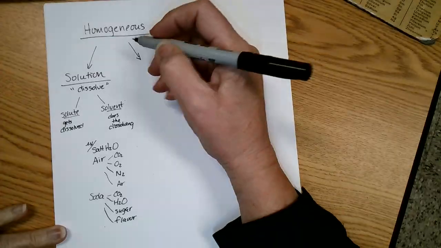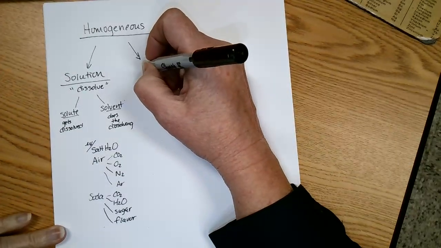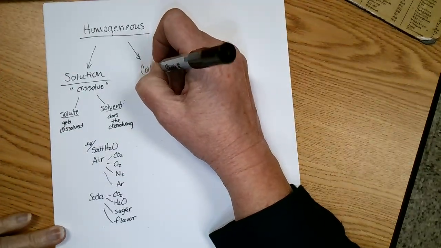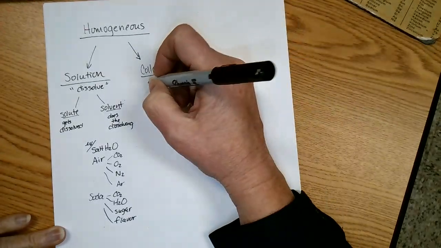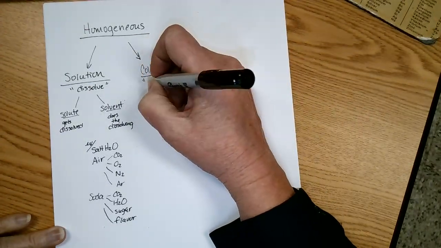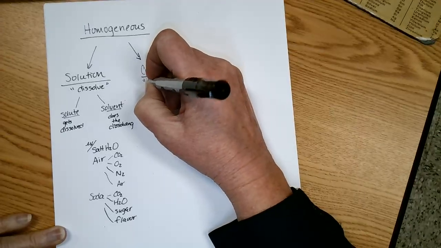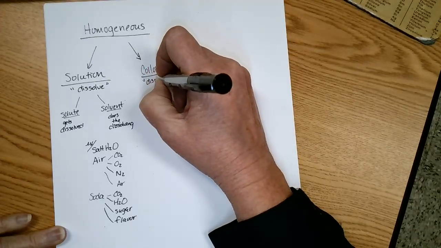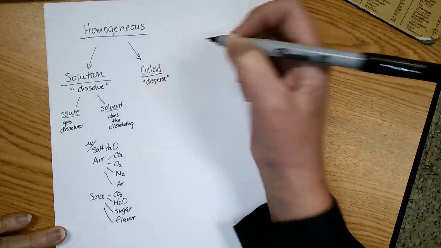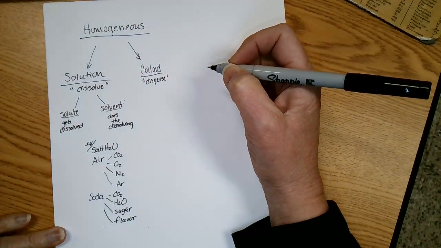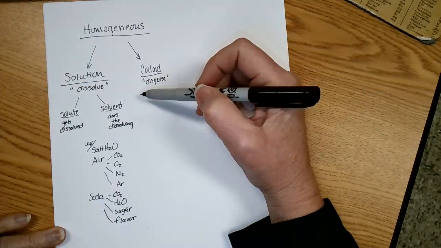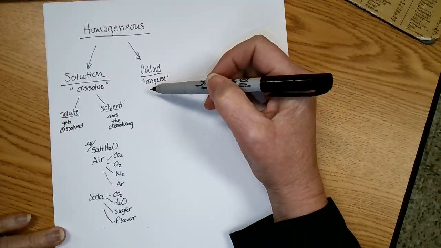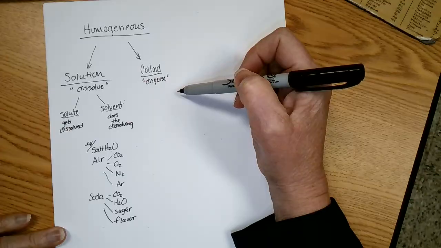The other homogeneous mixture out there is called a colloid. These are very interesting and they're very important in biology. I want you to think of the word disperse. Because what happens in a colloid is the particles don't quite all the way dissolve. So we don't have one part that disperses and one part that does the dispersing.